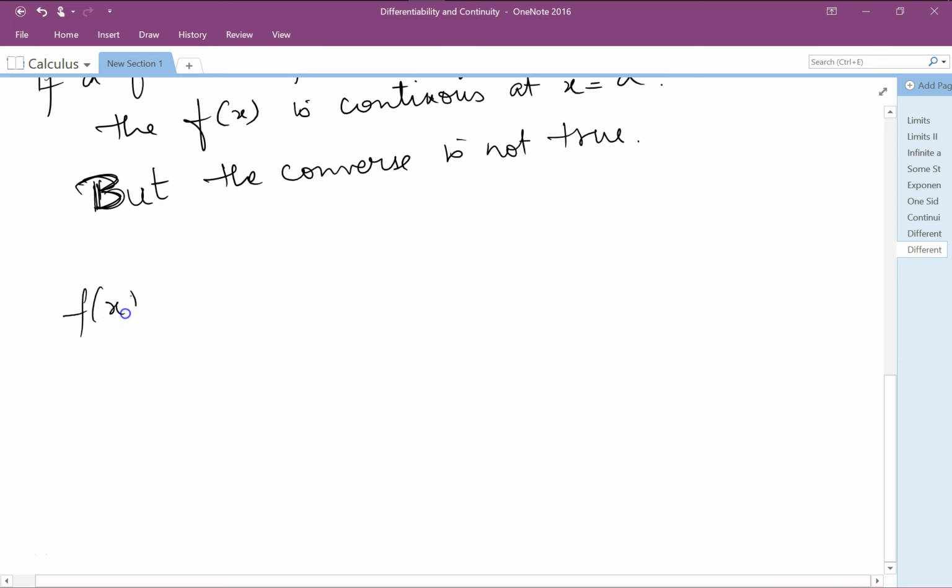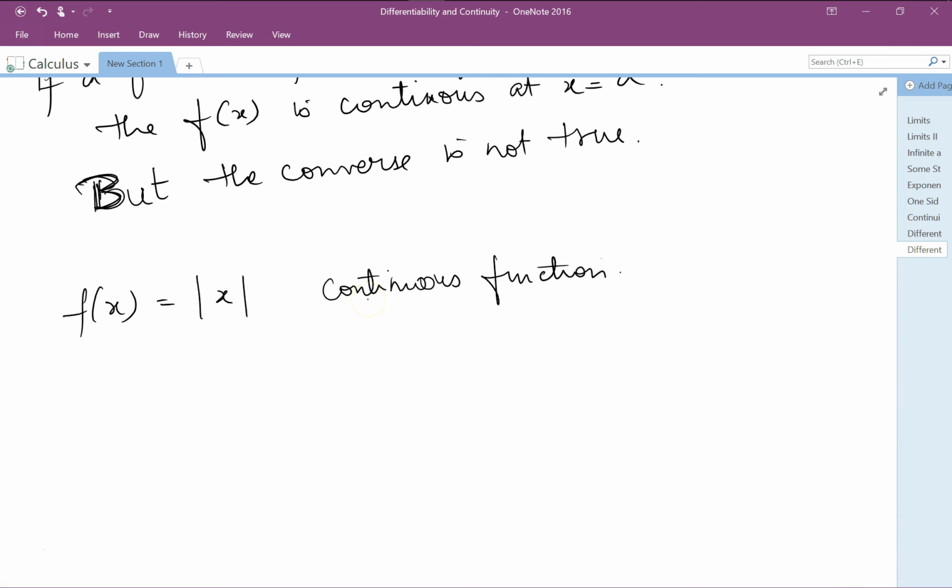Let's say f of x equal to absolute value of x. Now we know that this is a continuous function, which means, to be more precise, it is continuous at x equal to 0.